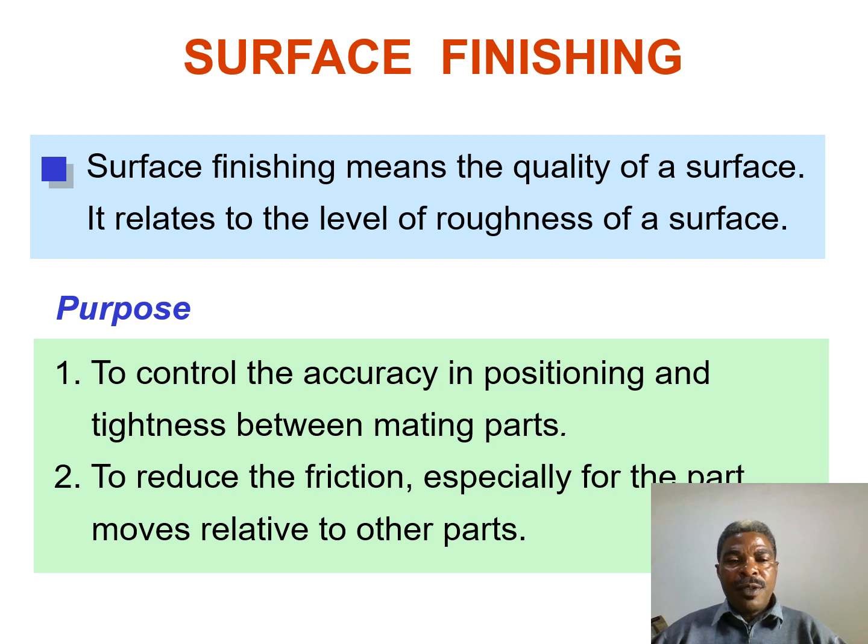So to reduce the friction, especially for the part that moves relative to the other parts. There is a significance of having a reliable surface finish for the part, so that the mating parts can fit exactly, or you can reduce the friction.